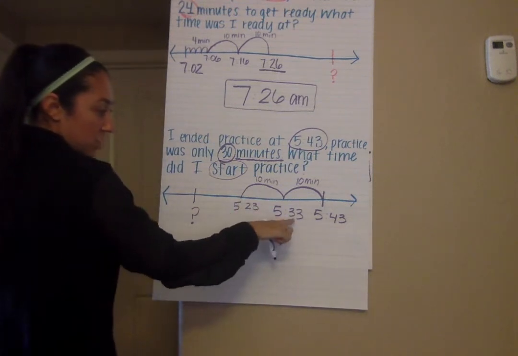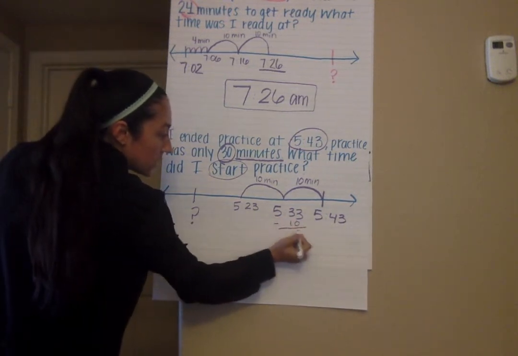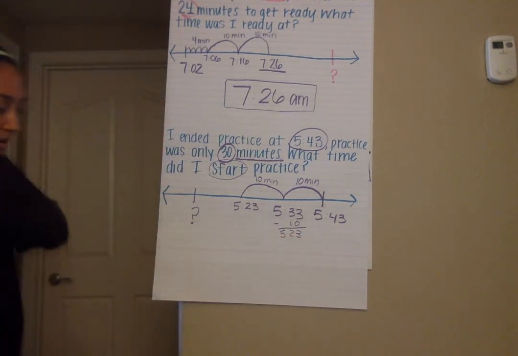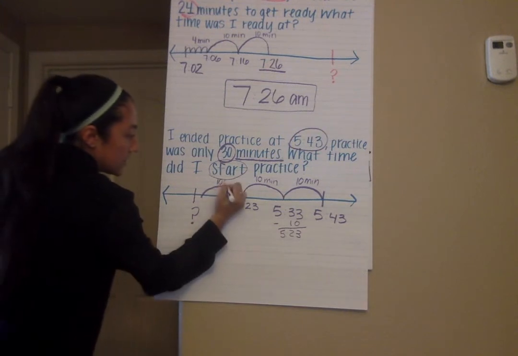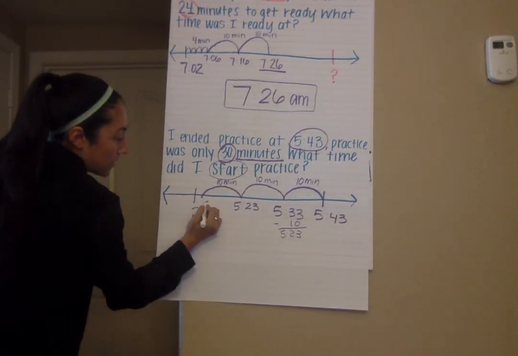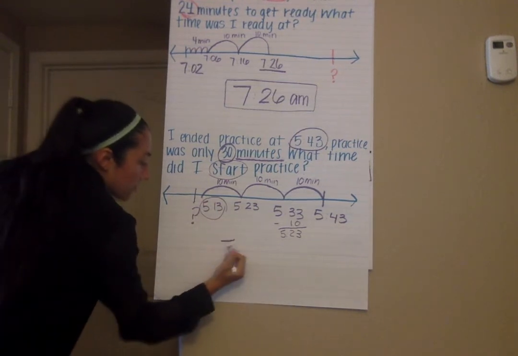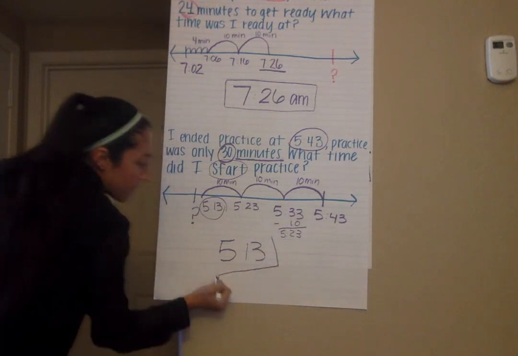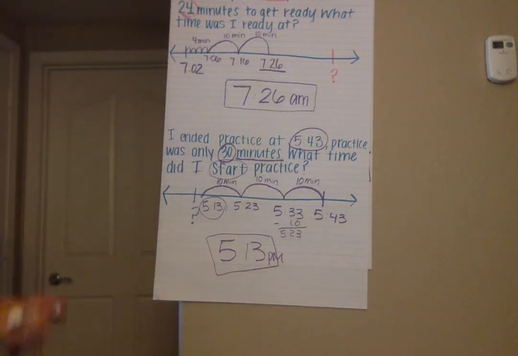Now remind you, I'm just subtracting 10 from this number, so that's how I'm getting 5:23. And then I have to go back another 10 minutes, and that would get me to 5:13. So my practice started at 5:13, and I'm going to put p.m. because I practice in the afternoon.